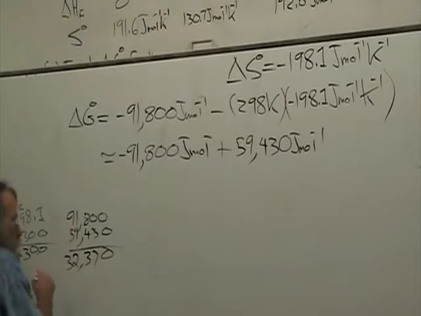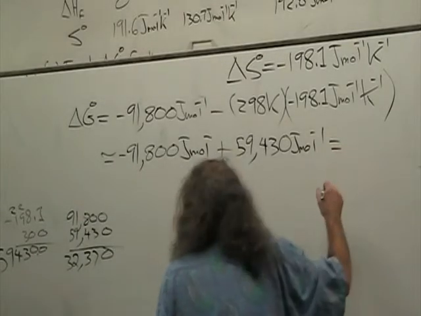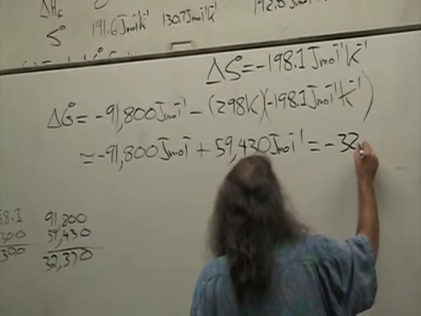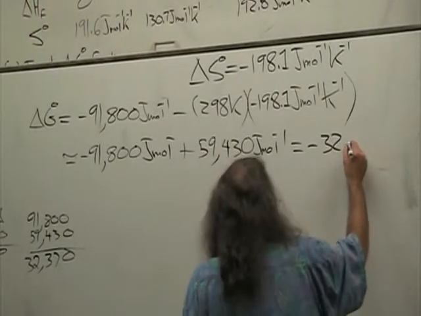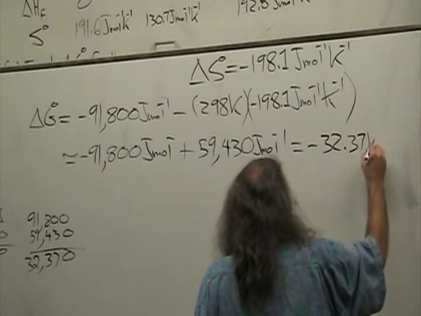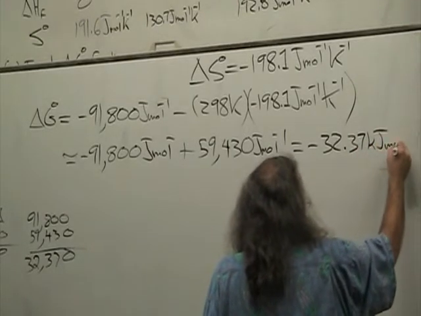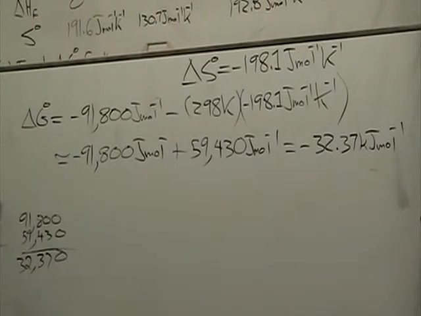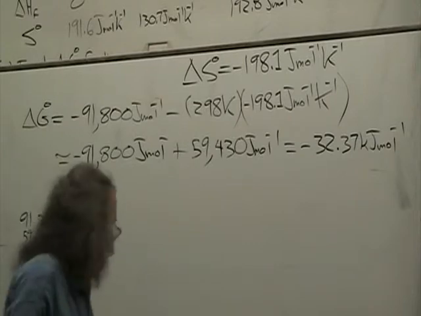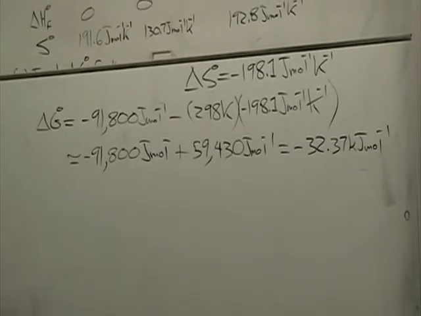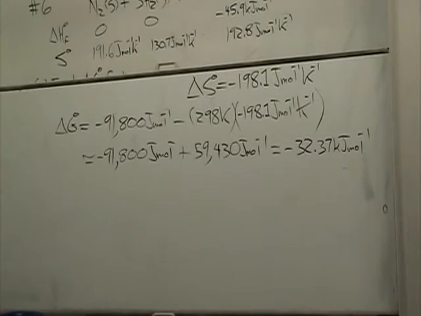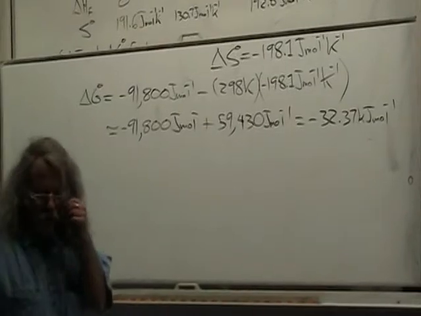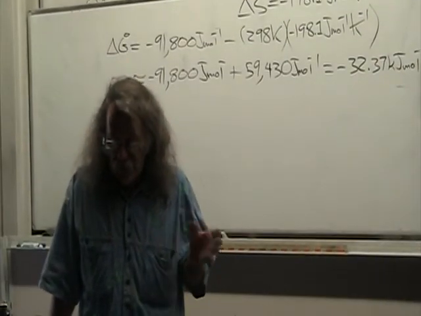I think 32 equals minus 32.37 kilojoules per mole. And I switched it back to kilojoules to make life easier for the next part of the problem. So that answers part A. That was a lot for part A. Now we're going to get to deal with part B.